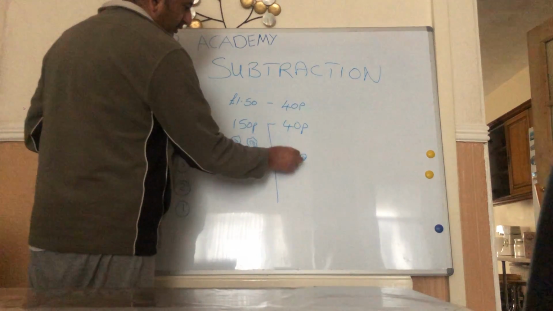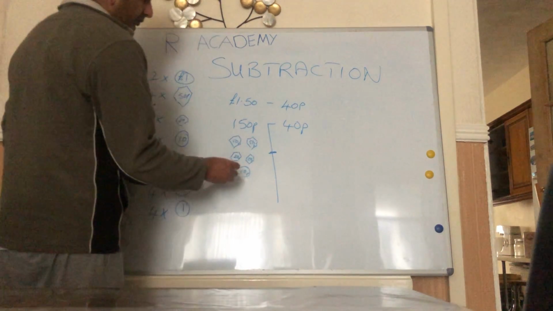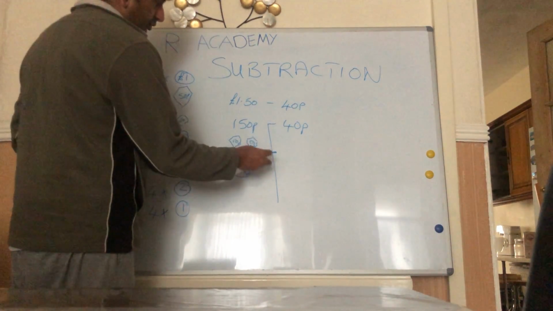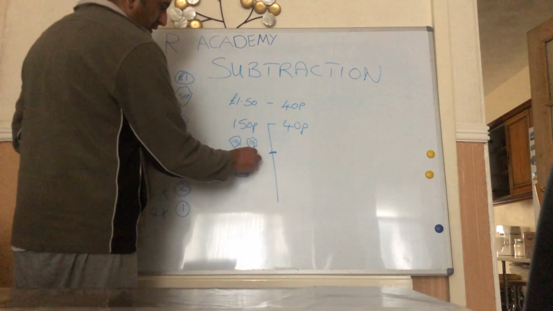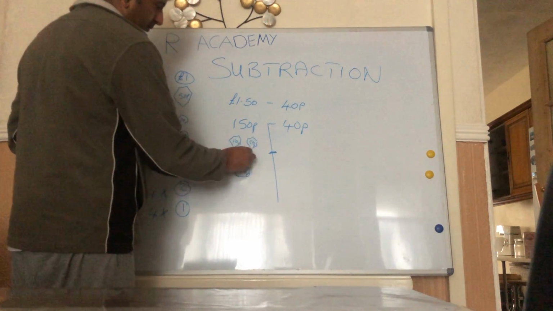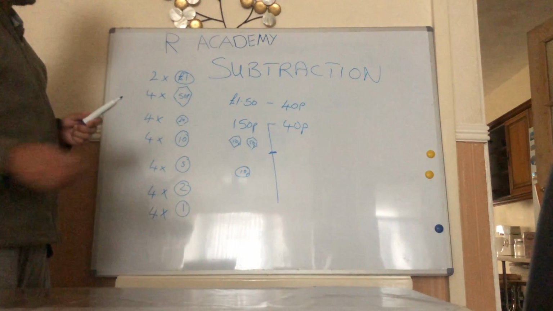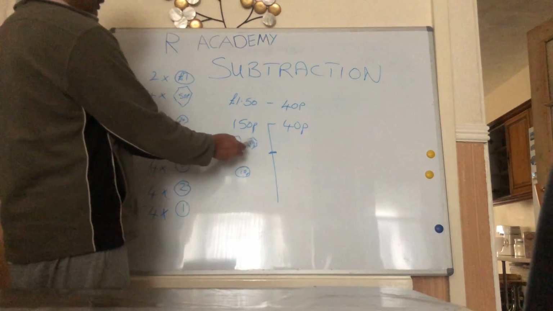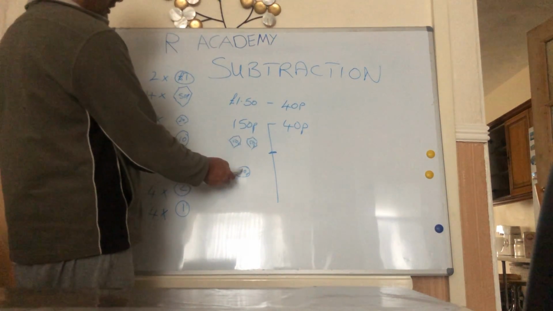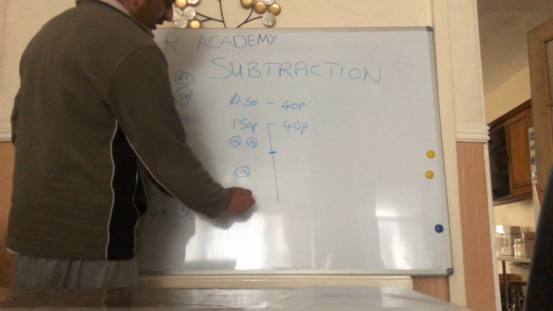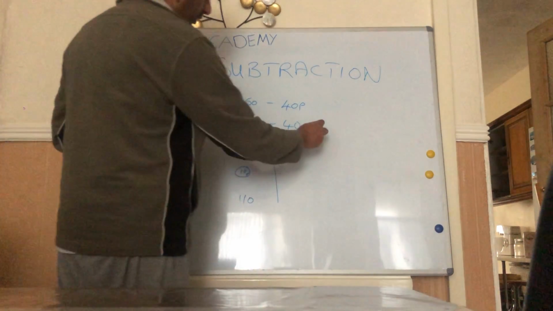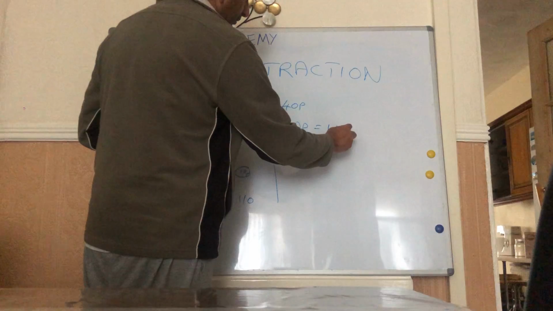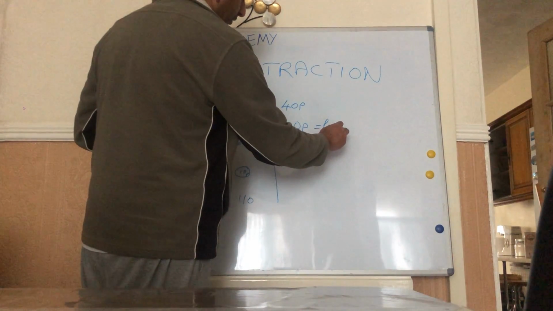So you could erase them, or cross them off, and then you could just add it. 50 plus 50 is £1, and 10p is £1.10, equals £1.10, or 110 pence.